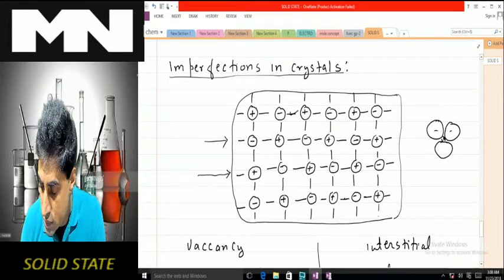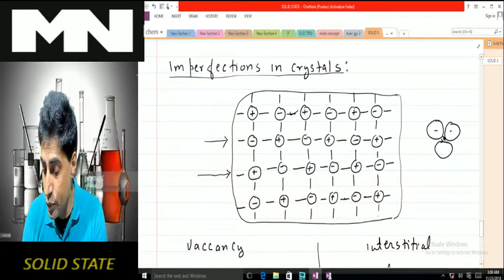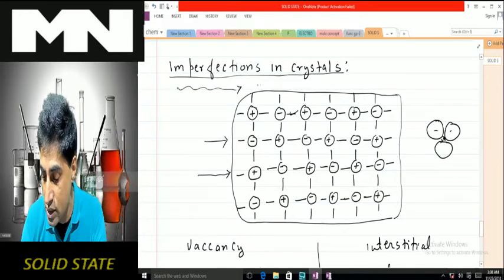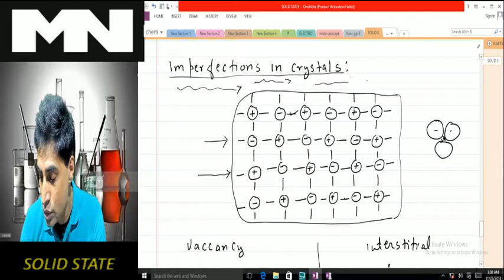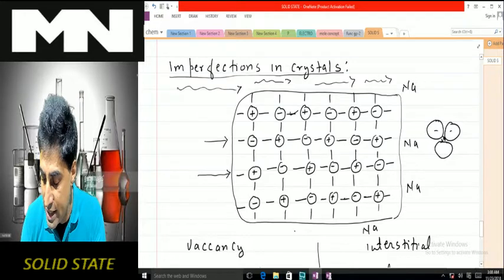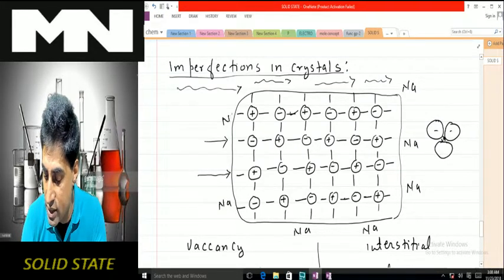I am putting this crystal in the vapors of sodium. So when I am putting this crystal in the vapors of sodium, the sodium atoms will get adsorbed on the surface of this crystal. So they are getting attached at the surface of the crystal. You are getting a crystal like this.